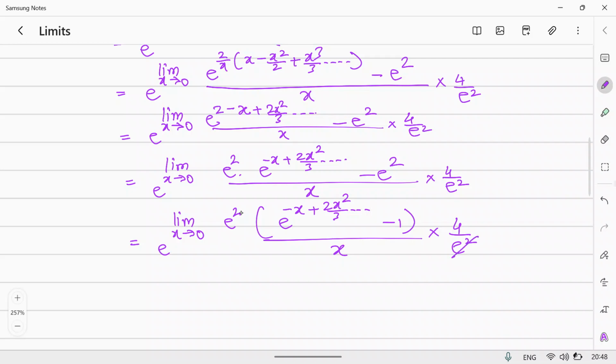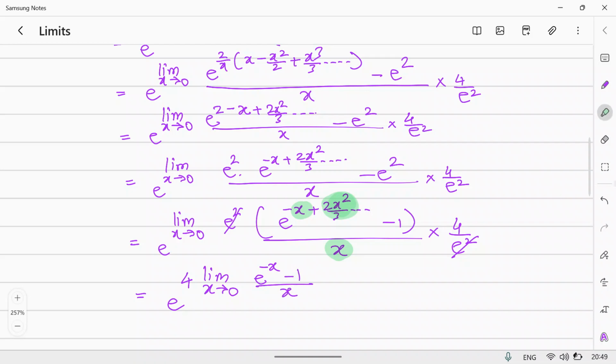As you can see, this e square got cancelled. So e raised to 4 comes out, limit x tends to 0, e raised to minus x. Now I will avoid this 2x square because the denominator is only x. So I need to be concerned only with the power of x as 1, not x square. So this I will avoid. So e raised to minus x, minus 1, by x.